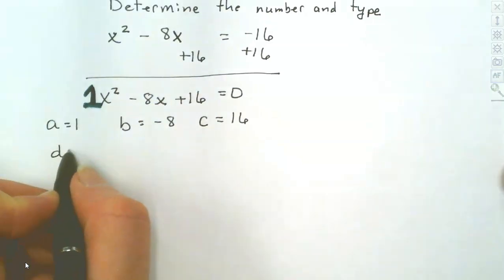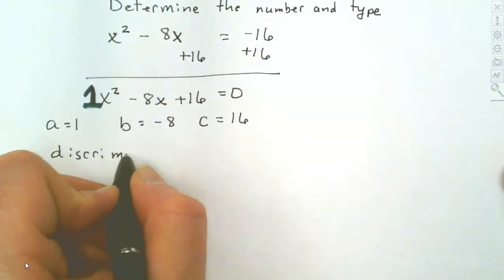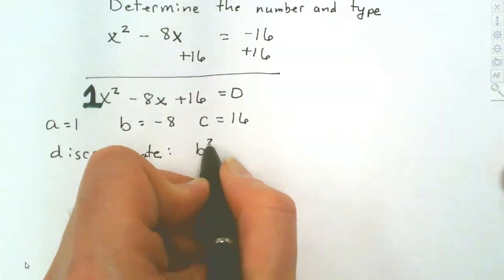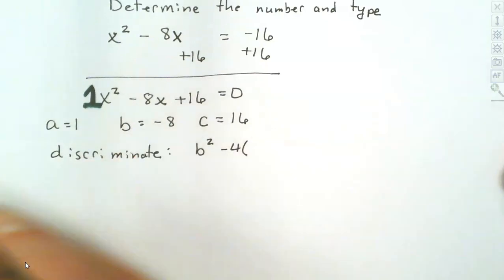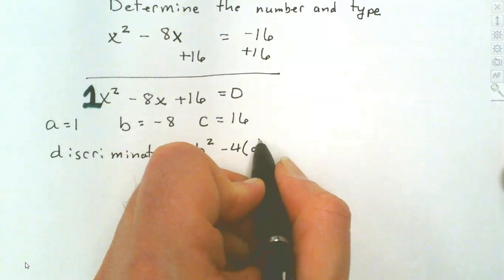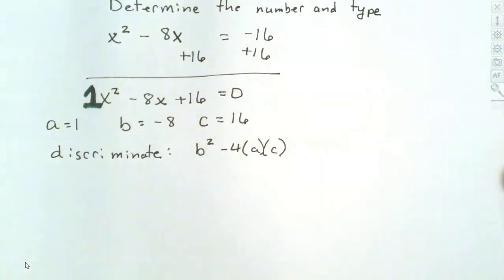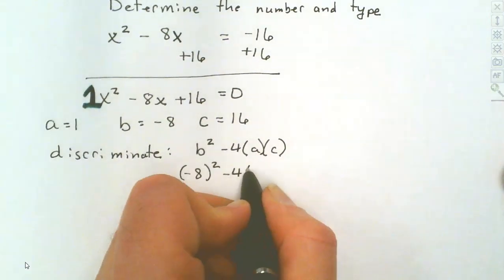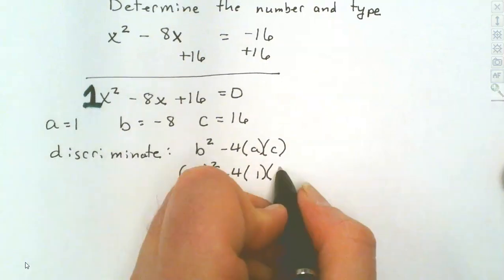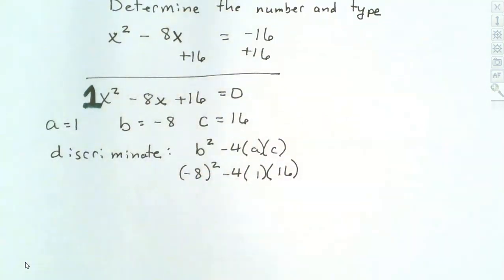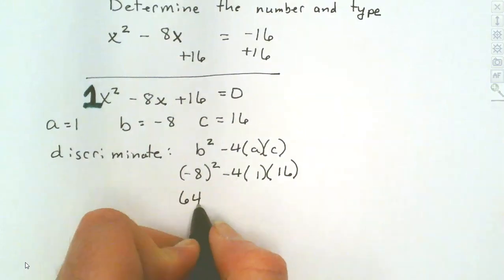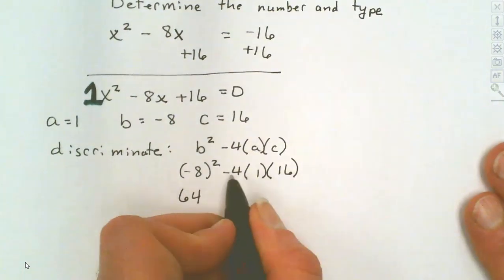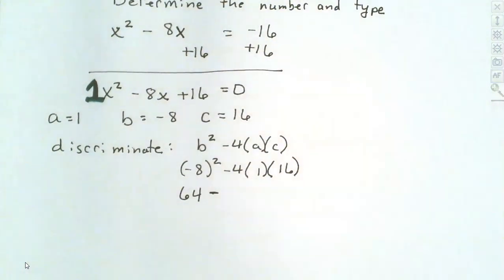We're looking at our discriminant. And your discriminant, again, is b squared minus 4ac. And that's going to be a negative 8 squared minus 4 times 1 times 16. And so 8 squared is 64. When you square a negative, it becomes a positive. On the second part, we've got a single negative, so it stays negative.